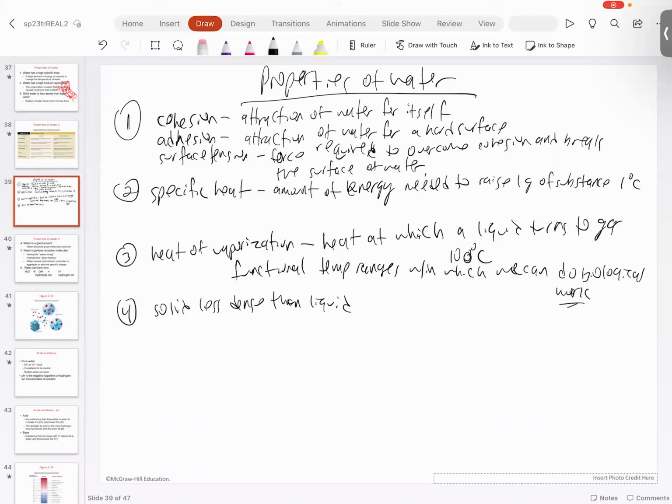So specific heat gives us more adaptation, more resilience to different types of temperatures, right? The heat of vaporization gives us a broad temperature range, right, by the way, within which we can actually do biological work. We can actually get something functionally done on a biological scale.